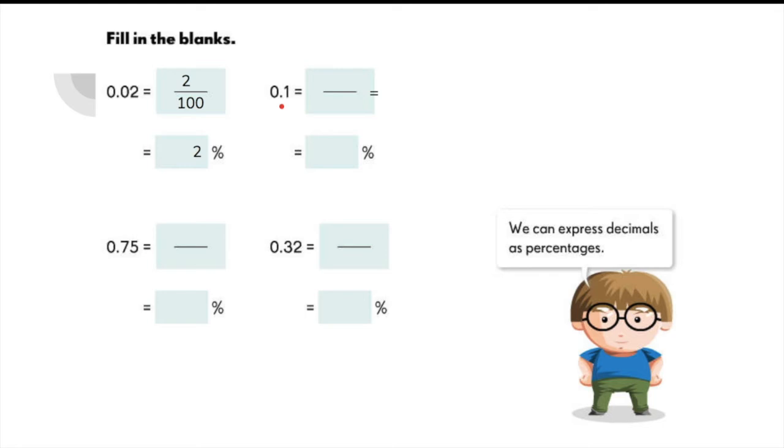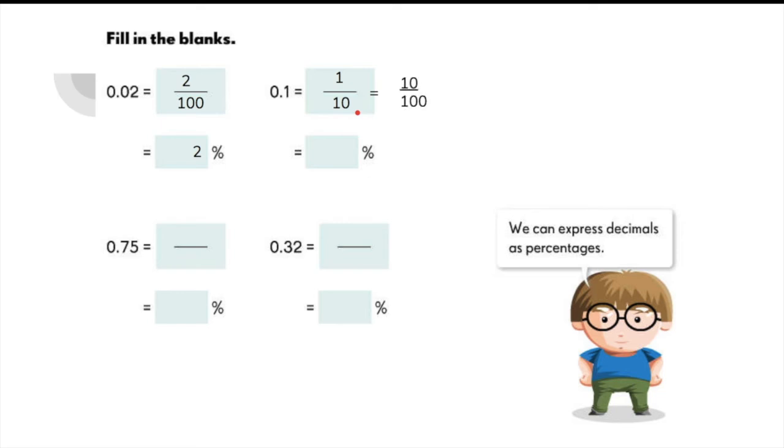Now, what about 0.1? 0.1, if we notice that 1 has a place value of tenths. So if we write this in fraction, it is equivalent to 1 over 10 or 1/10. Now, how are we going to change this into a percent? We can rename this fraction with a denominator of 100.